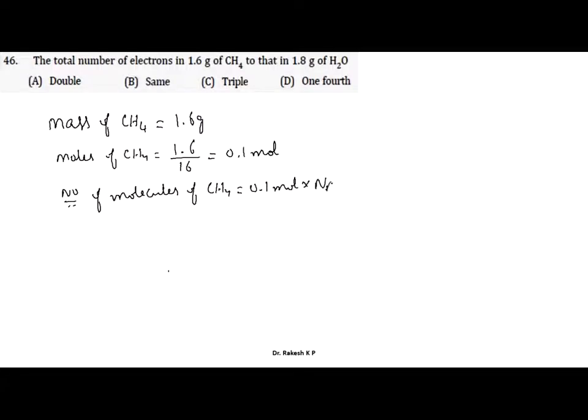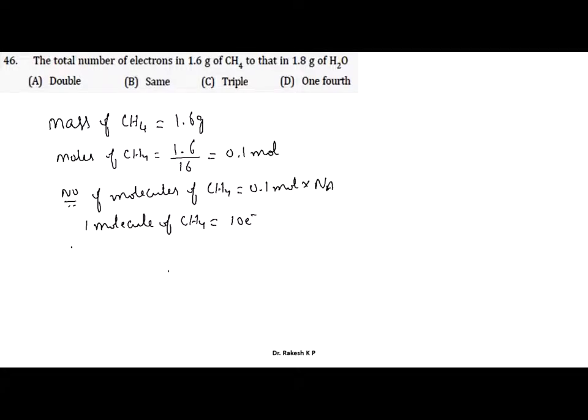But especially in this question they ask for the total number of electrons. We know that one molecule of methane contains 10 electrons, because carbon contains 6 electrons and hydrogen contains 1 electron, so 1 into 4 is 4, and 4 plus 6 is 10 electrons.